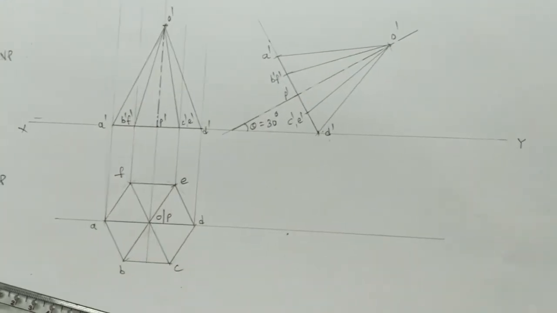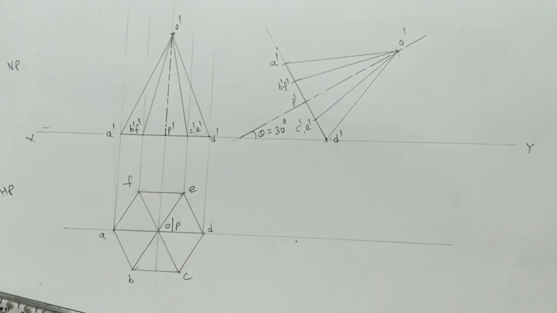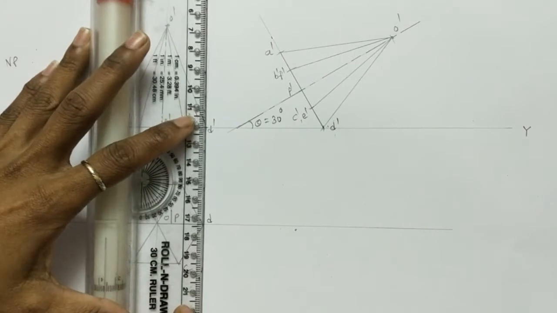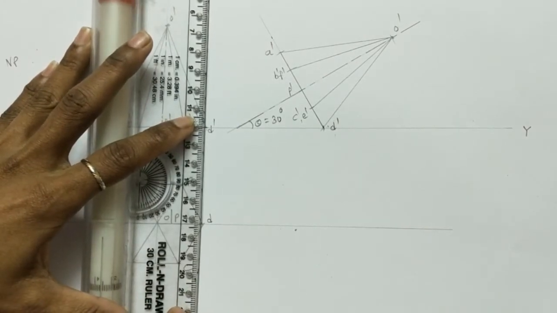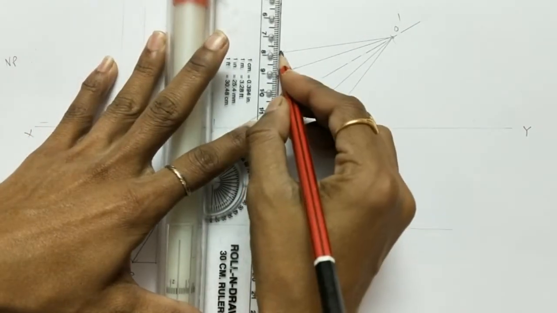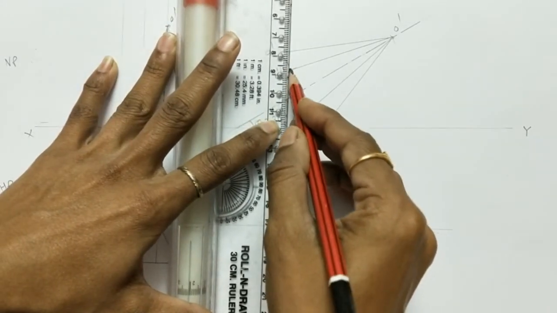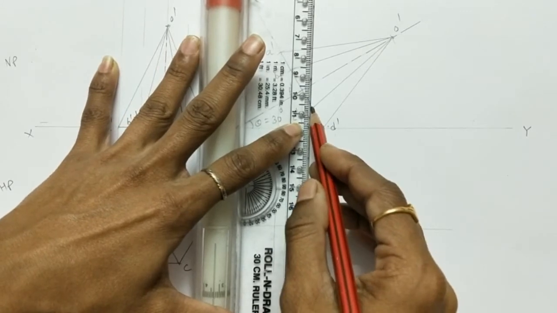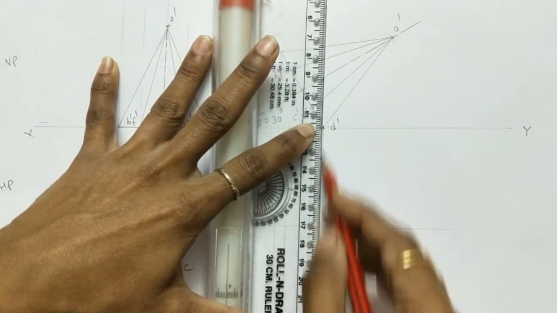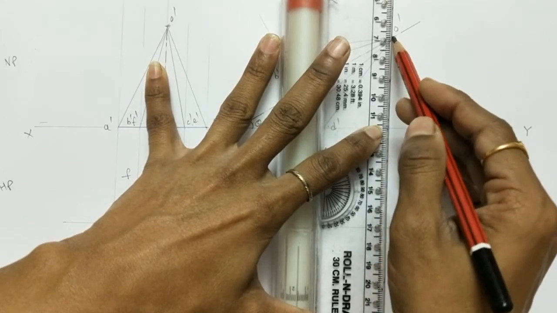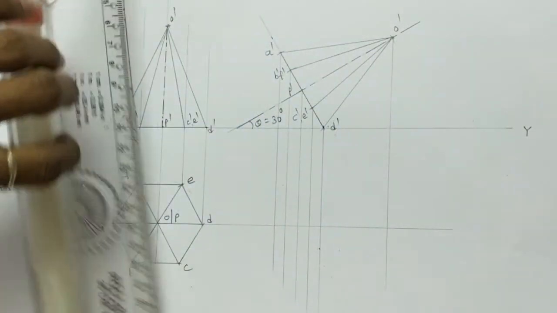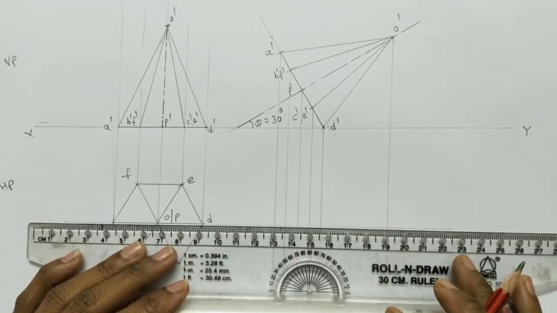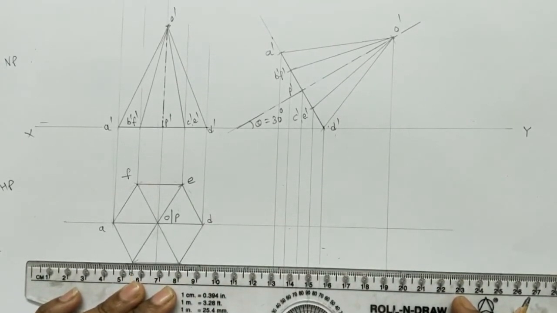Now top view is remaining. For this, take projections from front view and take projections of this top view horizontally.